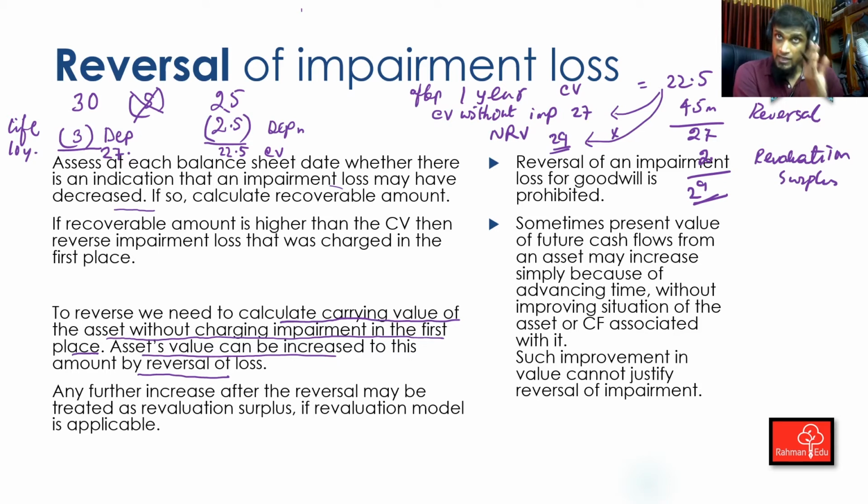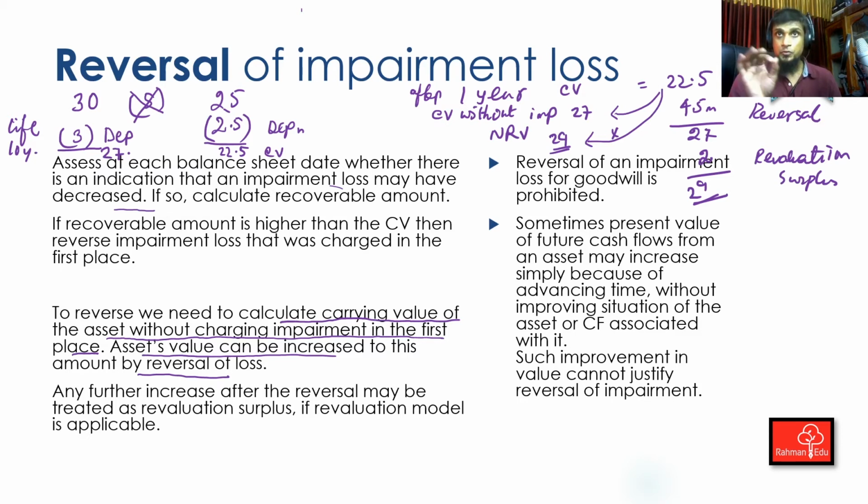That happened last year. Yeah, but if you rectify your steps, it becomes 27 because you're charging $3 million in the form of depreciation. Yes, your carrying value is 27. So you have to come up to these steps first, right? Right. Then you will do the revaluation.